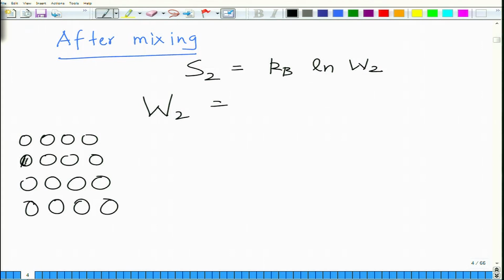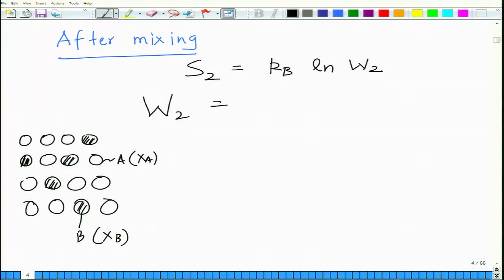Now some of these are, you can see this is A, this is B. So A is in proportion XA, B is in proportion XB, but as long as it is a random solid solution, which means the position of A and B cannot be fixed, A and B can be randomly distributed.